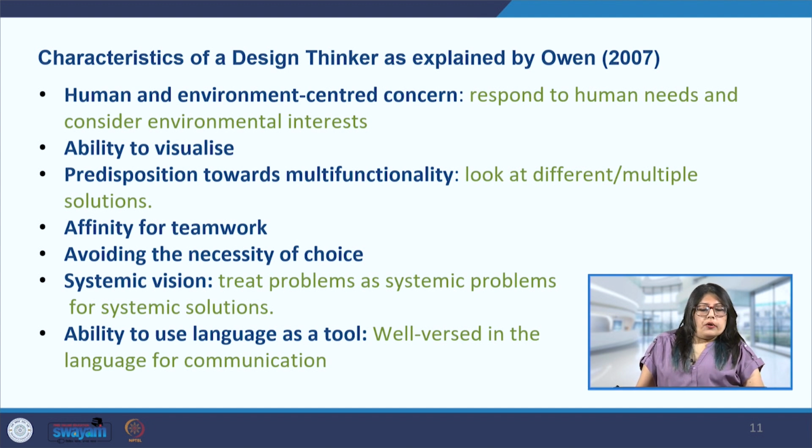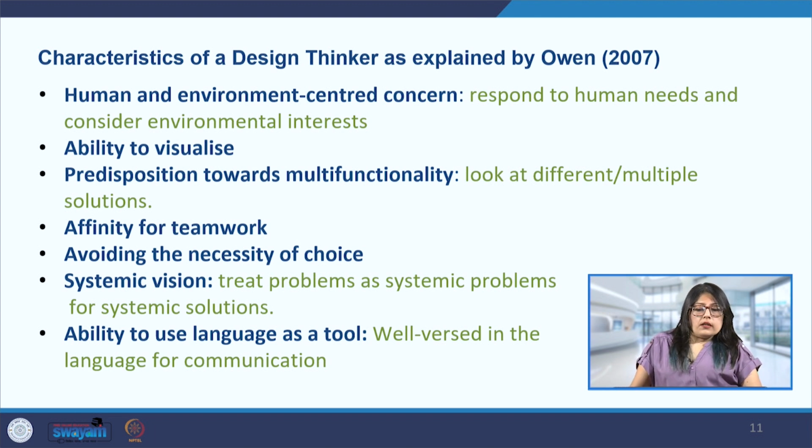What this means is that a design thinker prioritizes the needs and well-being of both people and the environment. In the previous lecture also we saw how the landfills of discarded digital products lead to environmental degradation, and how if we don't respond to the needs of human beings, this other aspect also suffers.